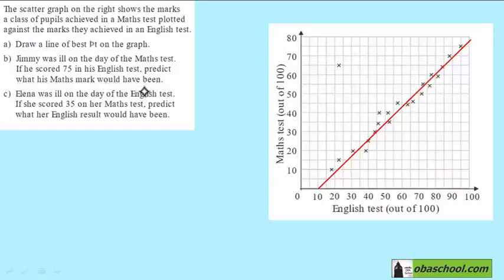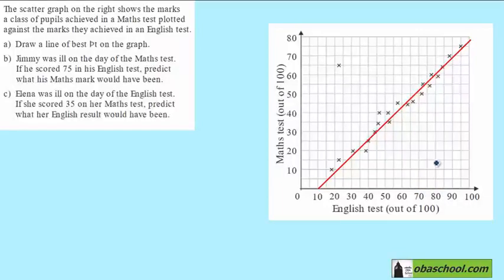Part B says, Jimmy was ill on the day of the math test. If he scored 75 on the English test, predict what his math mark would have been. So we're going to have to do some prediction here. We need to see how much Jimmy scored on the English test.